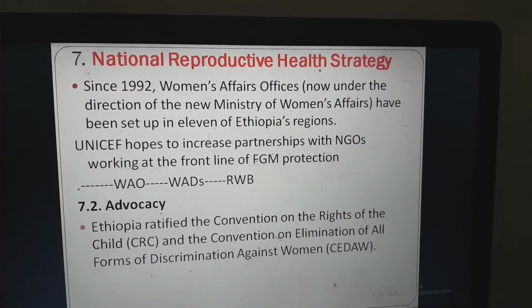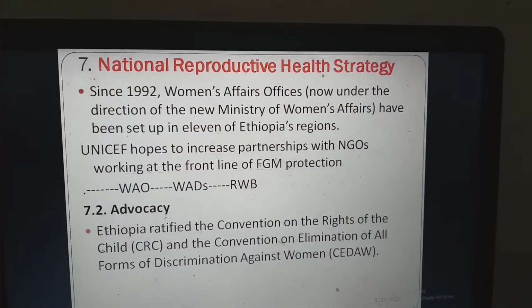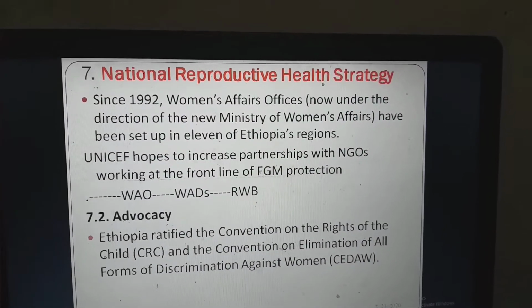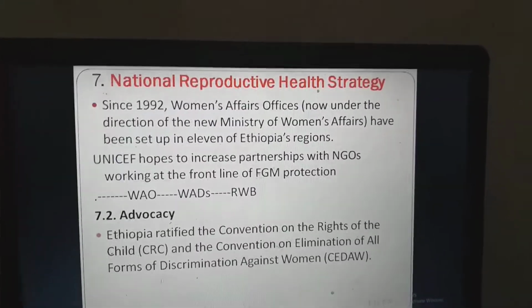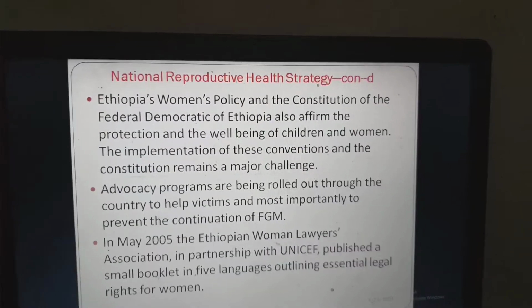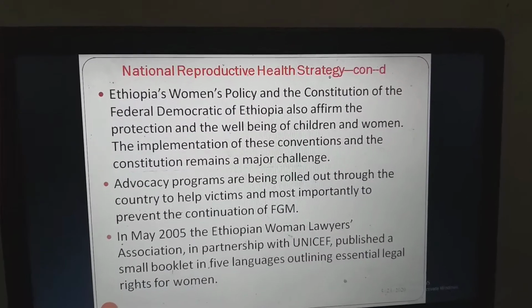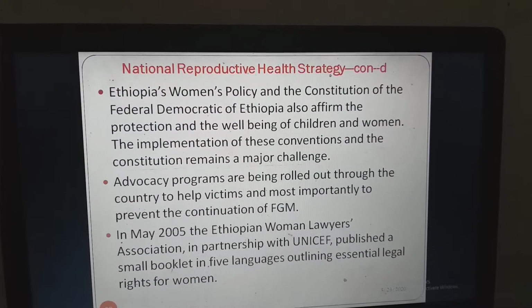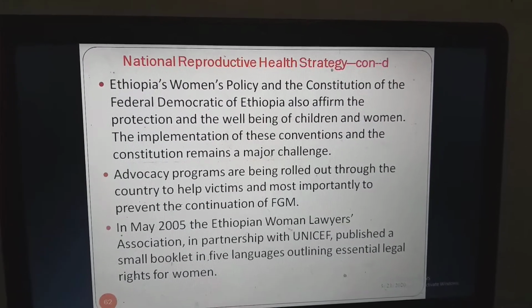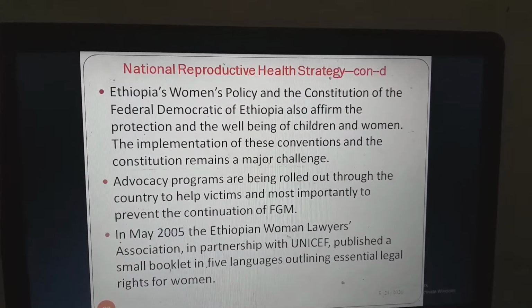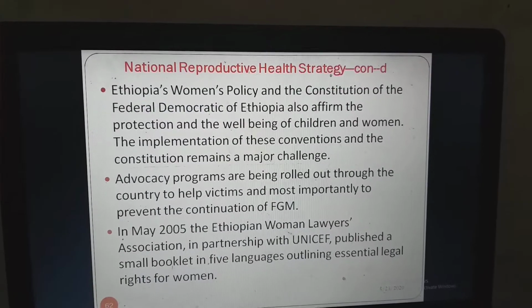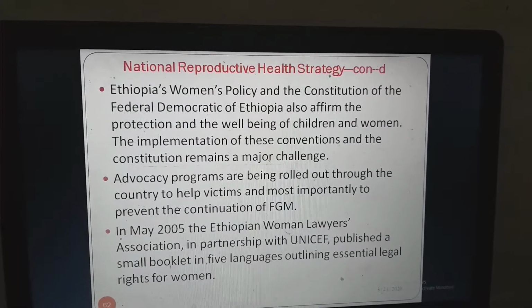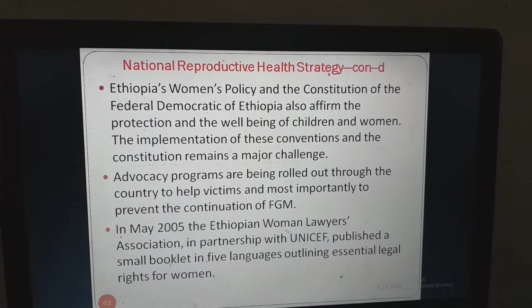Advocacy. Ethiopia ratified the Convention on the Rights of the Child and the Convention on the Elimination of all forms of Discrimination against Women. Ethiopia's women policy and the Constitution of the Federal Democratic Republic of Ethiopia also affirm the protection and well-being of children and women. The implementation of this convention and the Constitution remains a major challenge.